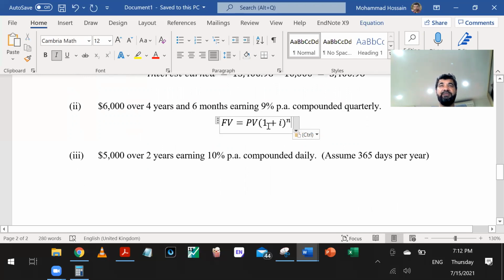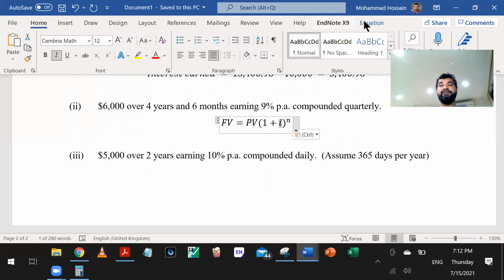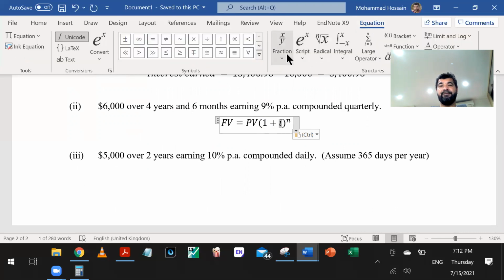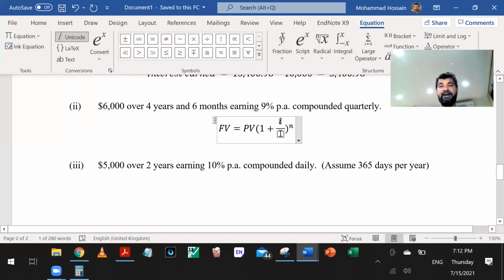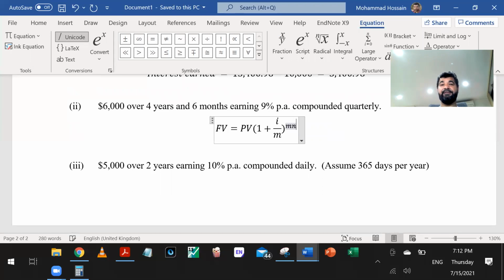So future value is present value into 1 plus I divided by M, and N will be actually M times N. Okay, that's all.